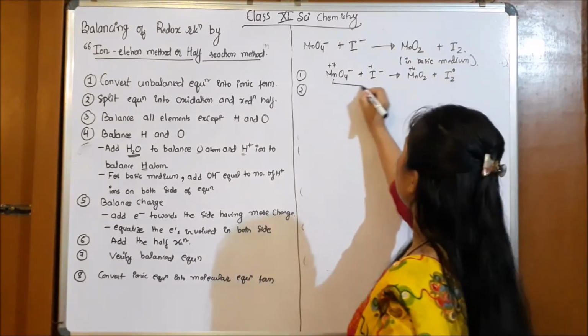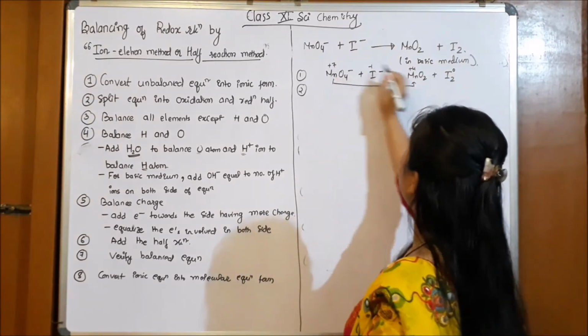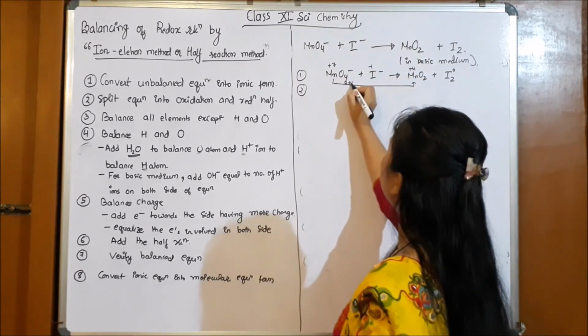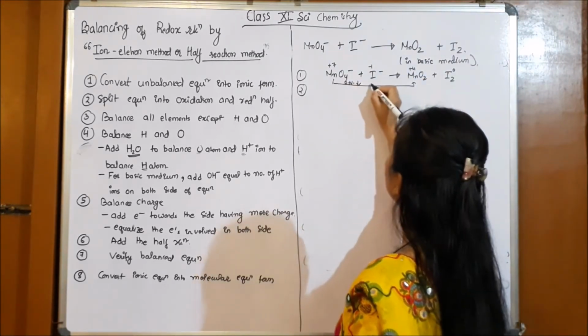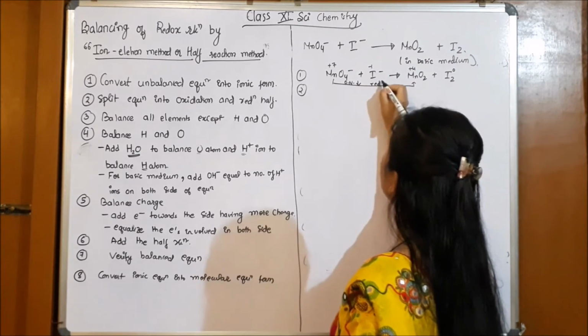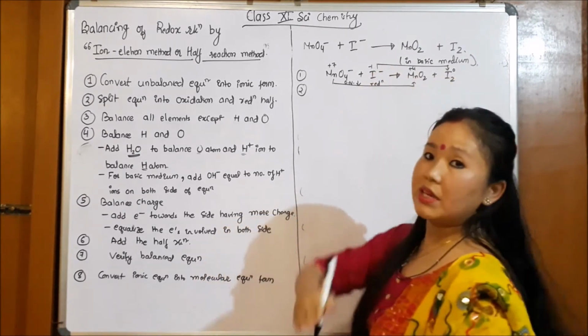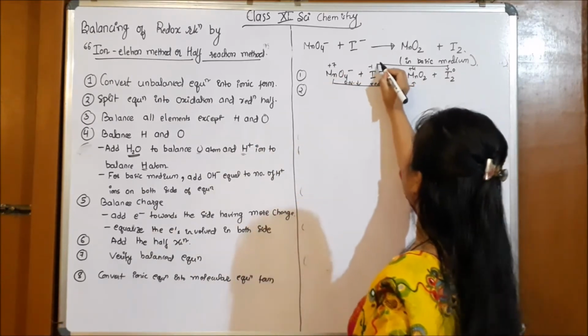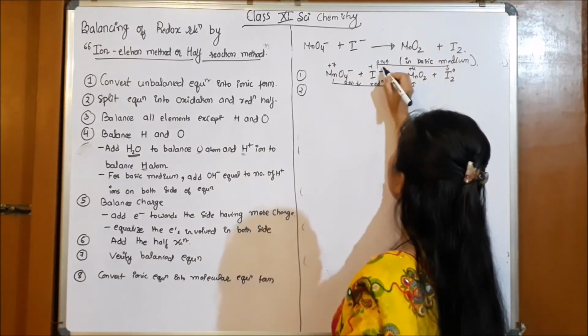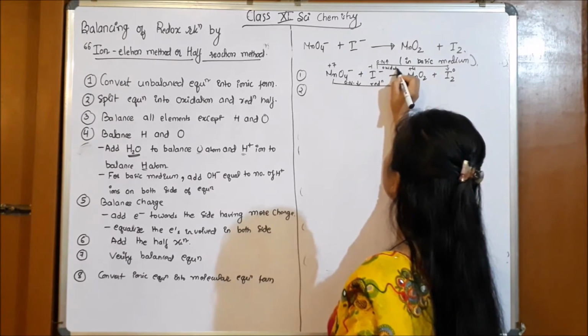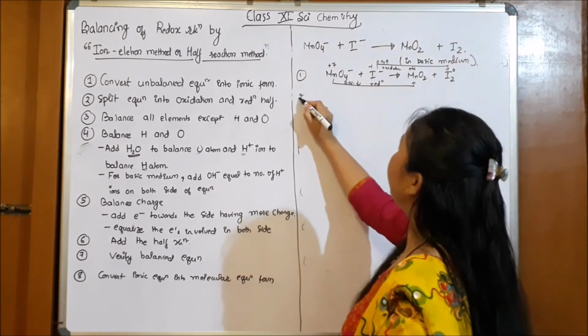Now तिम्रो change हुँदैछ 7 to 4. Oxidation number के भयो decrease भयो right. So this is your reduction. त्यहाँदेखि यहाँ -1 to 0 भनेपछि के हुँदैछ increase हुँदैछ. So oxidation number increase भयो. So this is your oxidation. Okay, now split it into two half.